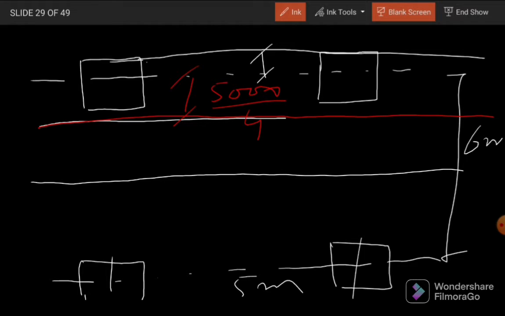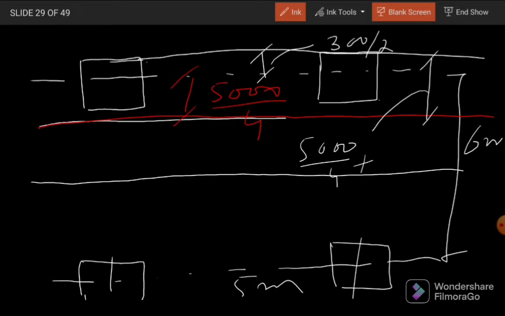So this portion will be equal to half the width of the column, 300 divided by 2. So the overall width of this column strip will become 5000 divided by 4 plus 300 divided by 2.